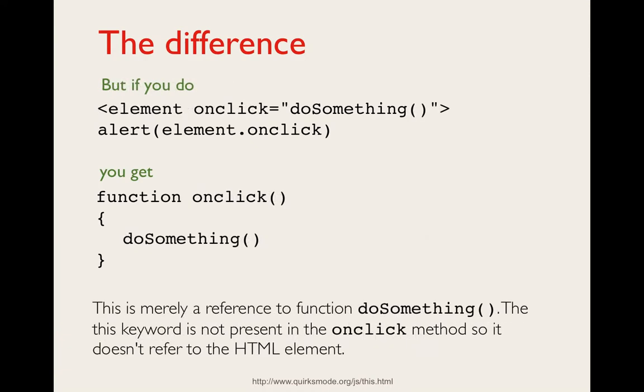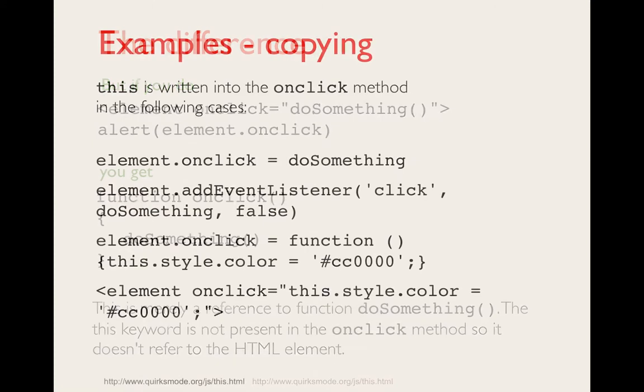But if you do an inline onClick equal do something parentheses and then do an alert, it's going to give you the name of the function. This is merely a reference to a function do something. This keyword is not present in the onClick method, so it doesn't even refer to the HTML element.